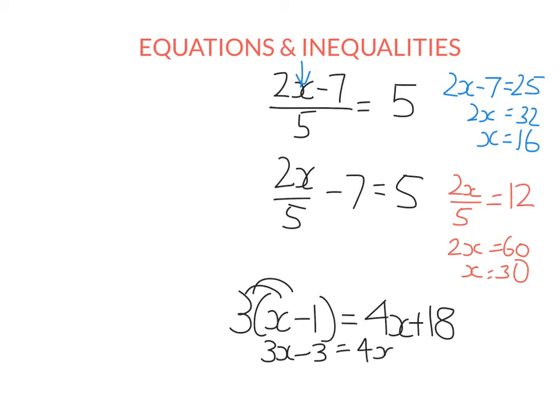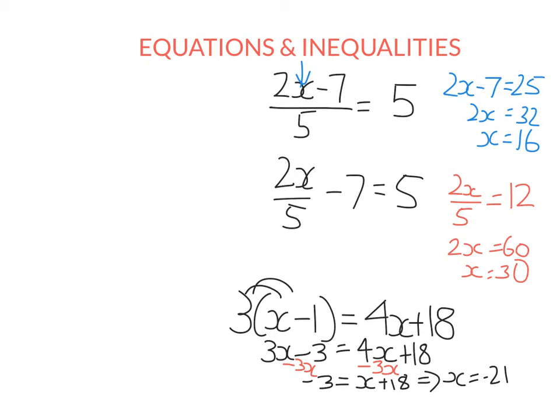So the way that I get x to one side of the equation is I subtract the x with the lowest coefficient. So here I'm going to subtract 3x from both sides. I end up with minus 3 equals 4x minus 3x, which is x, plus 18. And then, of course, I subtract 18 from both sides and I get the answer x equals minus 21.